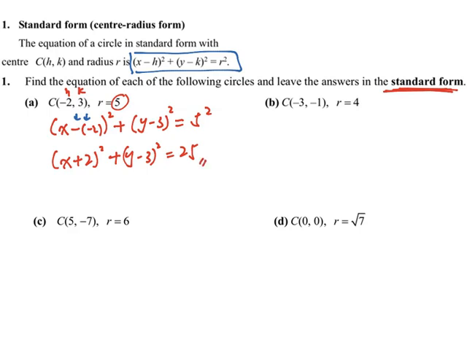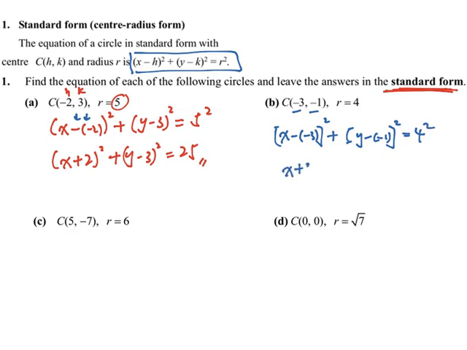Now, try to finish question B to question D. Okay, let's check it. For question B, the center is (-3, -1). So (x minus (-3)) squared plus (y minus (-1)) squared equals 4 squared.